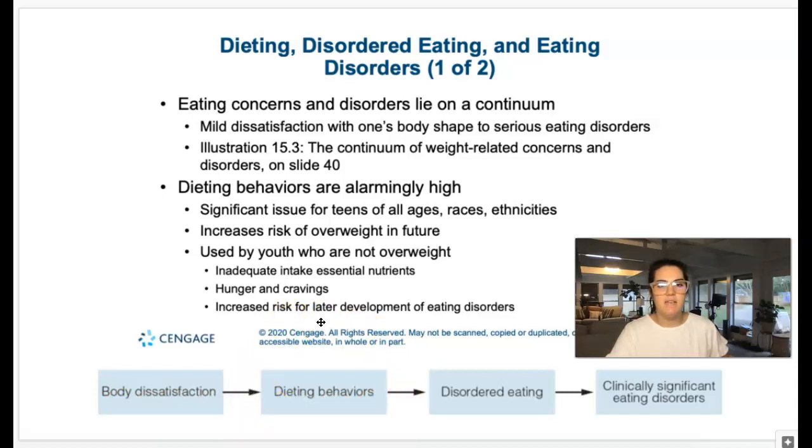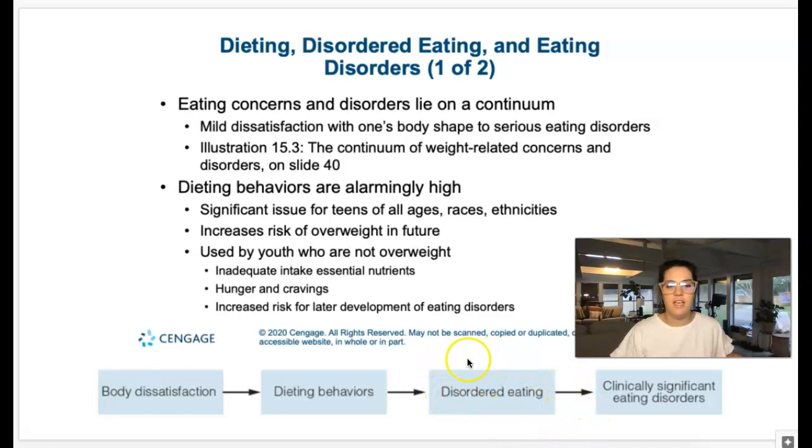Dieting behaviors may seem very harmless, but they can really lead to disordered eating behaviors in that dieting behaviors may become more and more restrictive, especially if an individual sees results that they think are good and positive by an inappropriate behavior like a severe calorie restriction, or they may become more and more dissatisfied with smaller, more healthful changes and become more restrictive in their diet, and that is considered a disordered eating behavior.